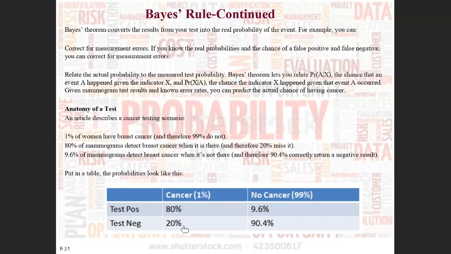The test said they were negative, but they really may have had cancer. And for the people who have no cancer, the test was positive 9.6% of the time, and negative 90.4%. Okay, are there any questions about reading the chart? No questions? All right.